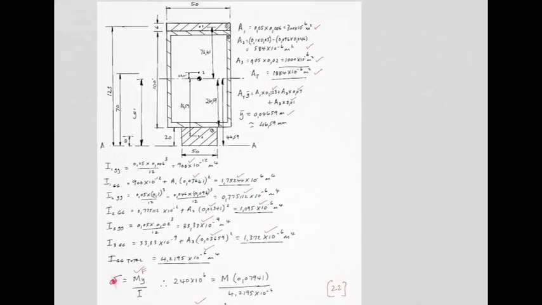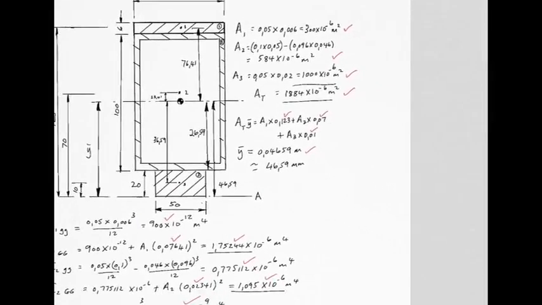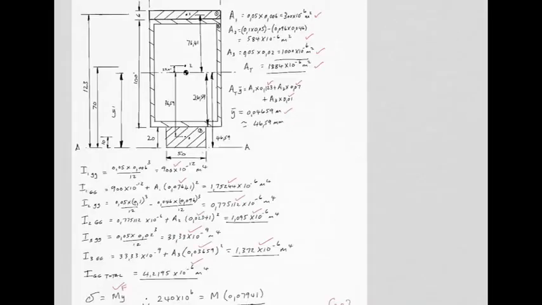Remember how it works. Stress in the outermost fiber is bending moment times distance from neutral axis to outermost fiber. And we did discuss a little while ago that the furthest distance to an outermost fiber was going upwards from the centroid. So 79.41 millimeters is that distance.